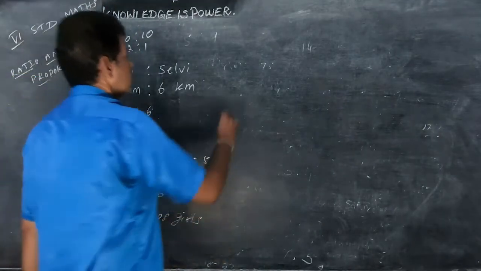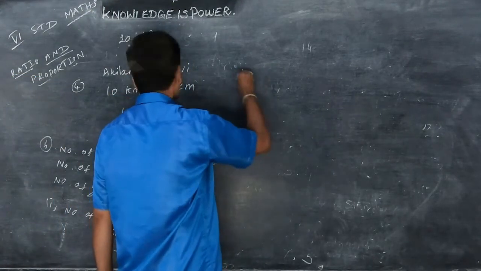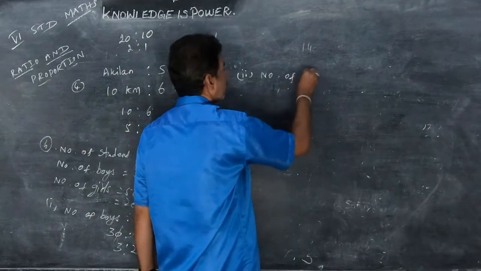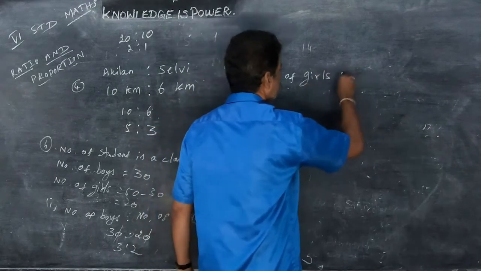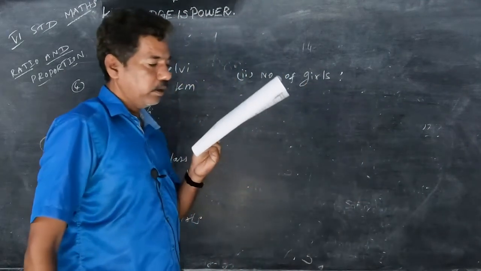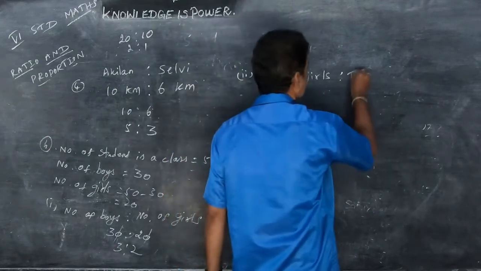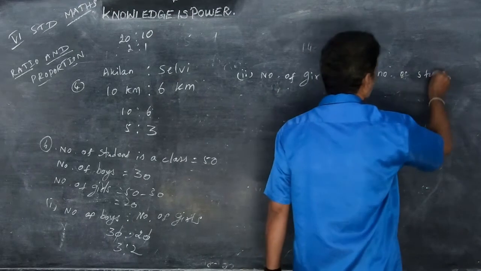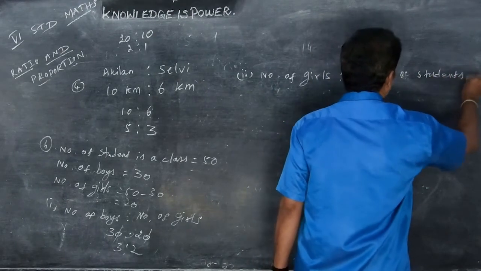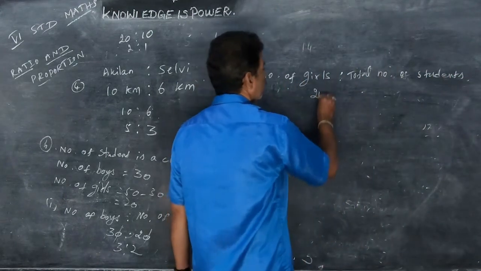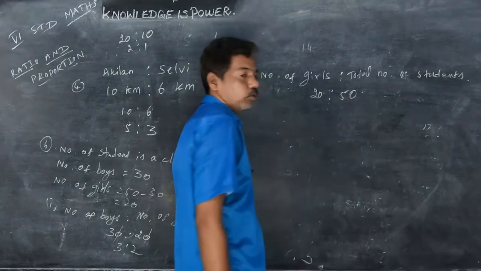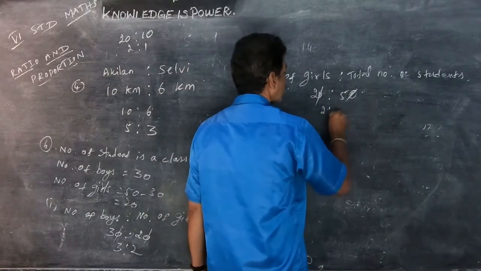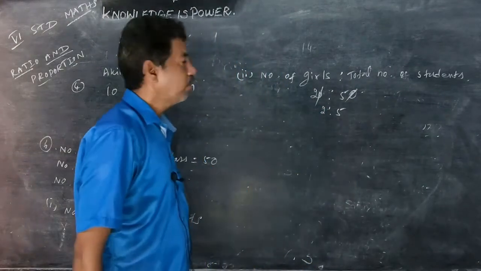So, question 2: number of girls is to the total number of students. 20 is to 50, because the total number of students will be 50. Zero, zero cancel. 2 is to 5.